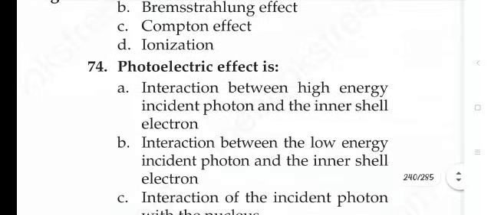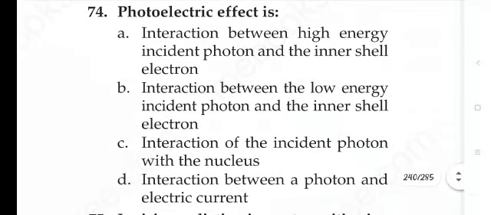Next question, photoelectric effect is? Options are option A interaction between high energy incident photon and the inertial electron, option B interaction between the low energy incident photon and the inertial electron, option C interaction of the incident photon with a nucleus, option D interaction between a photon and electric current.